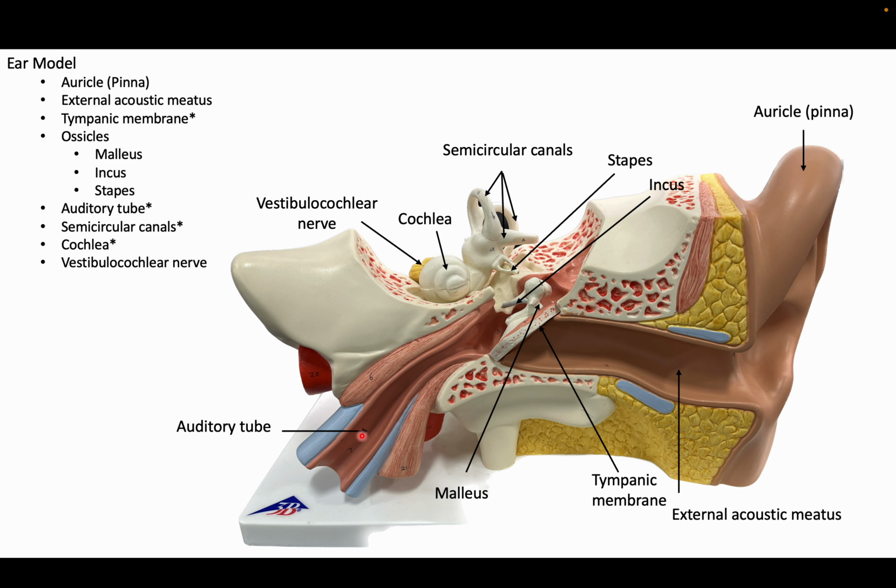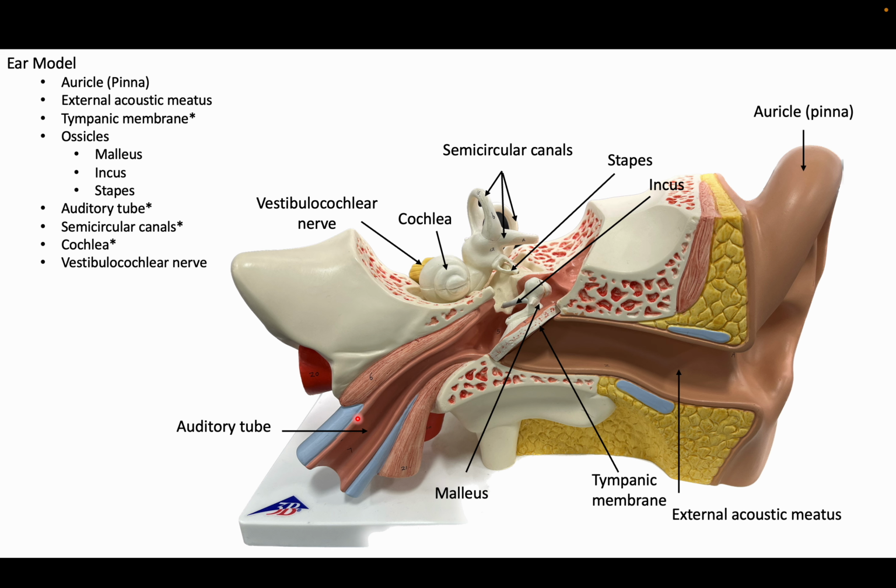Sometimes these tubes accidentally open up when you are at high altitude, and because of this, there's an imbalance in air pressure. So you get that uneasy feeling if this tube was open when you're at high altitude. All right, so those are the structures of the ears.